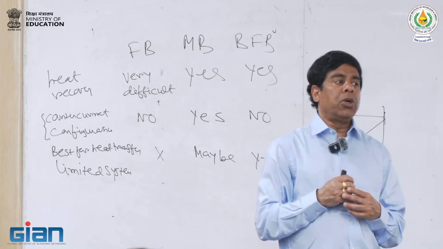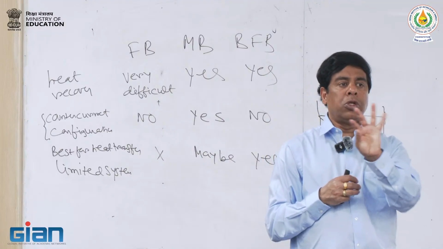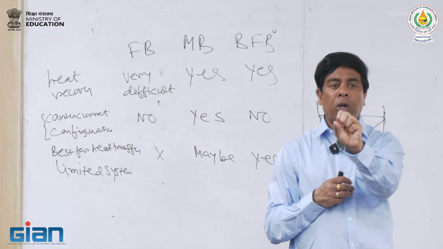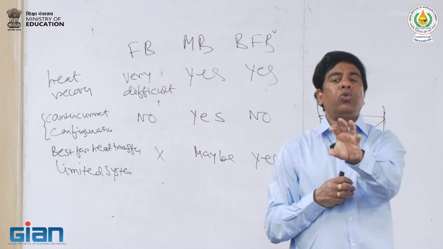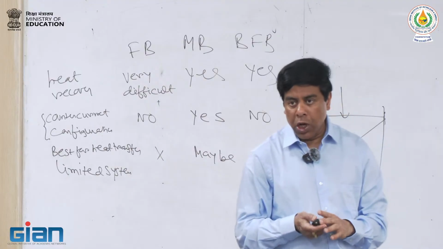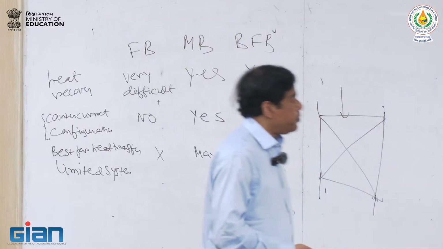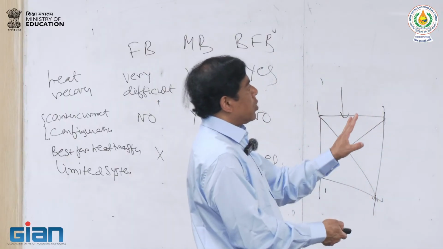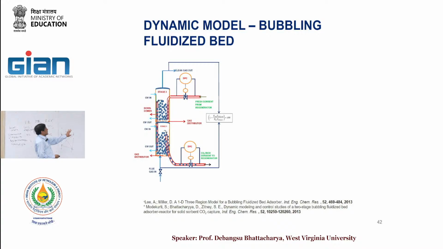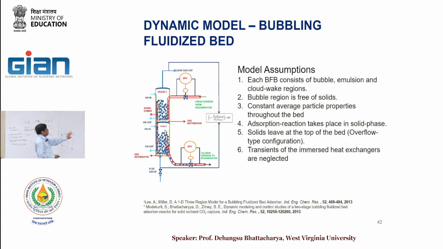If it is the interparticle resistance, it will be reduced by using the moving bed. But if the mass transfer resistance is within the particle, there is really nothing you can do. In that case, you have to design the particle accordingly, or reduce the particle size, or do something from that perspective to reduce the internal resistance.